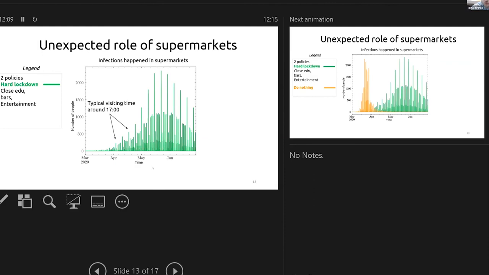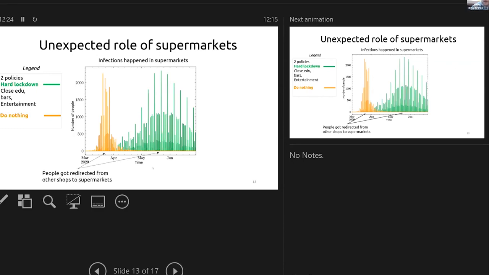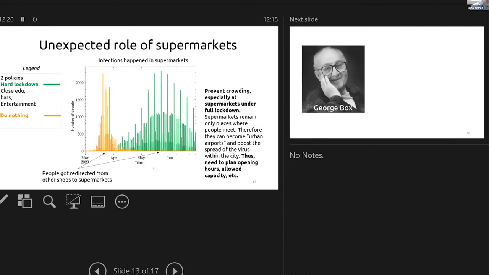You also see the spikes here, and this is the typical visiting time of people, around 5 o'clock. It's really different from the do nothing policy, because if you don't close anything, people will get infected elsewhere, not only at supermarkets. So the conclusion from that graph is that we really need to prevent crowding and manage the number of people visiting supermarkets.